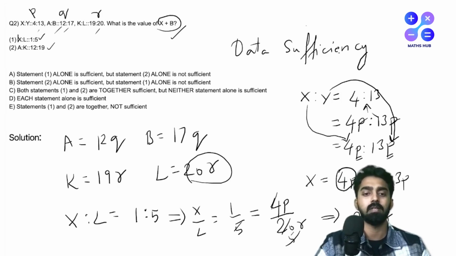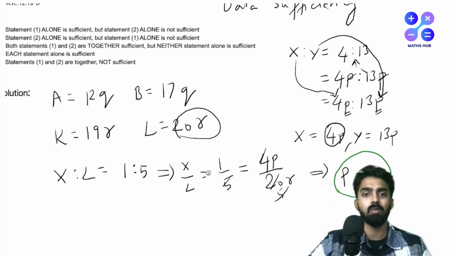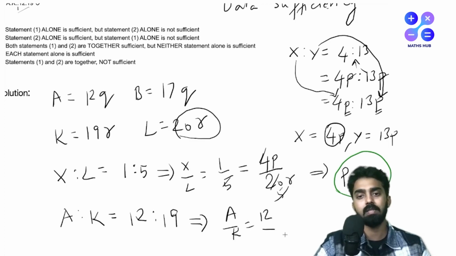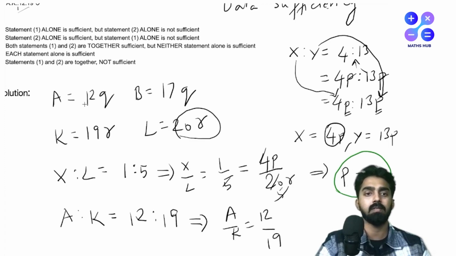Great. Interesting piece of information we have: p equals r. This is the first piece of information. So let's try the next one. The next one tells us that a is to k is 12:19. Means a by k is 12/19, and a is 12q and k is 19r.